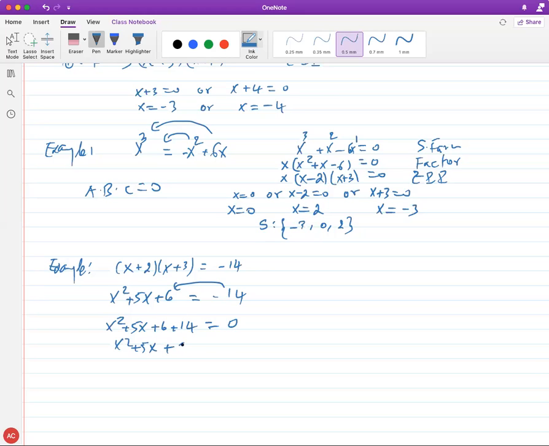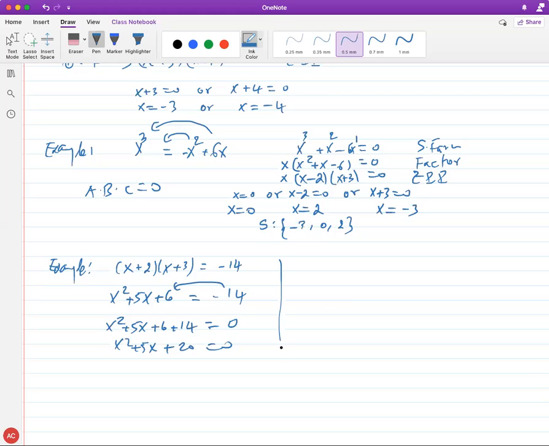So this turns into 20, right? Now we need 2 numbers that multiply to 20 and add to 5. Apparently we can't find those. I made this up. This should have been 9 here, to make things convenient. So let's turn this into 4 and 5.